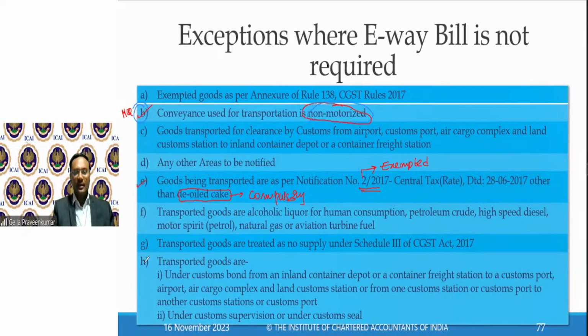Then clause G transactions. Transportation of goods which are treated as neither supply of goods nor supply of services under Schedule 3. I'm just touching the important aspects, students.